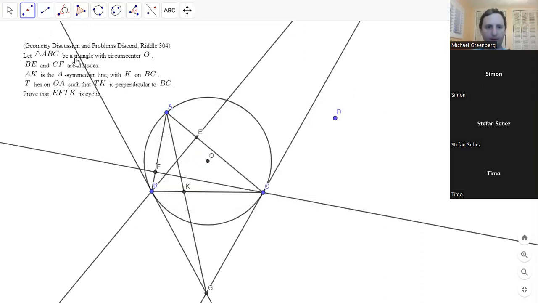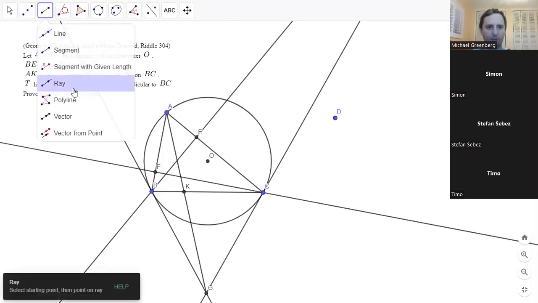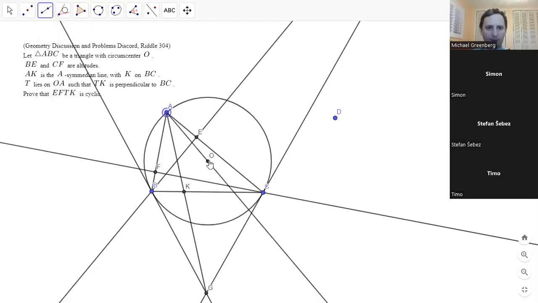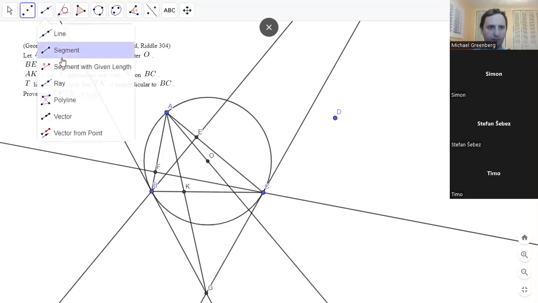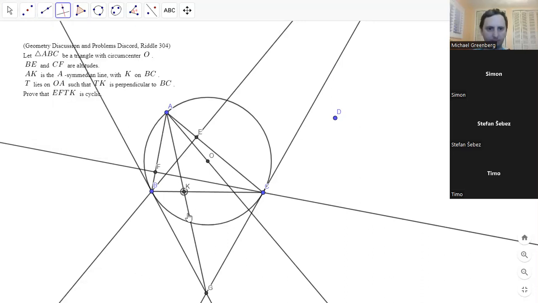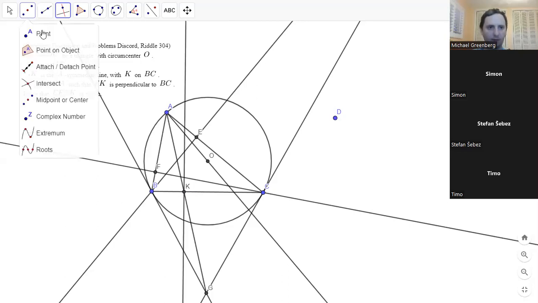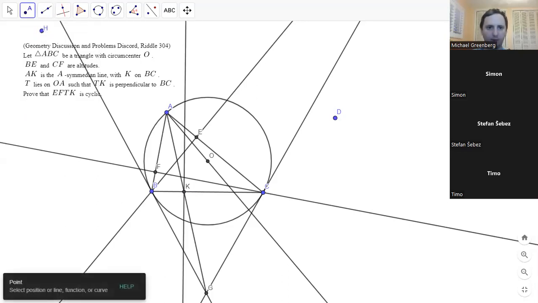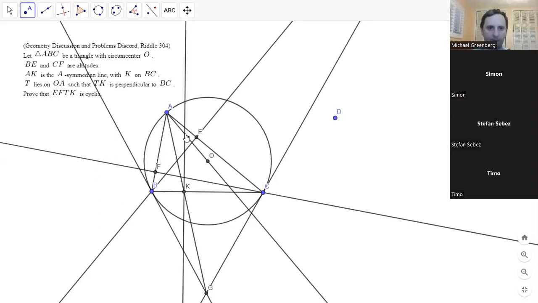And we want TK to be perpendicular to BC. So I'm going to draw a ray through O and A, then draw the perpendicular. And this is T, and we want to show EFTK is cyclic.